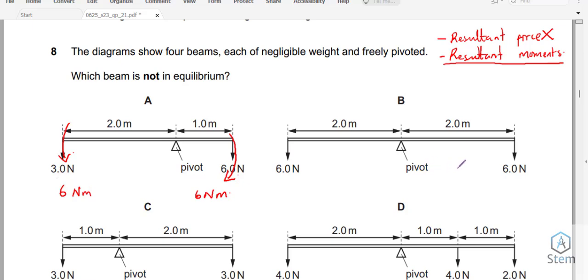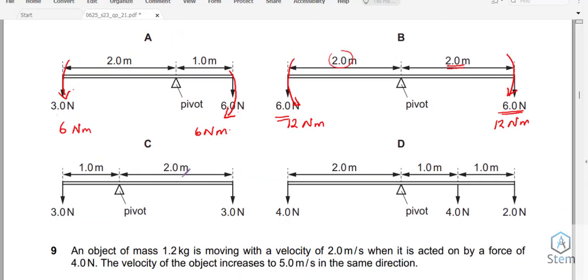Let's go to B. The clockwise moments are due to this 6 Newton force, and they are 12 Newton meters, that is 6 multiplied by 2. The anti-clockwise moments are due to this 6 Newton force, and they are equal to 12 Newton meters, in other words, 6 multiplied by that 2. B is in equilibrium.